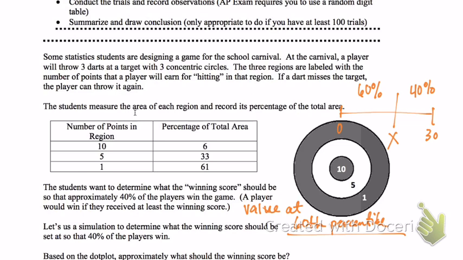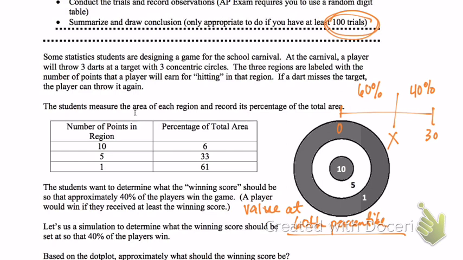So we're going to design a simulation that involves probability and involves chance that tells me what score I need to make. And in order to do that, we're going to actually have to carry out some trials. And so we can actually determine that score, but something that is important is that it only has validity if you have 100 trials.